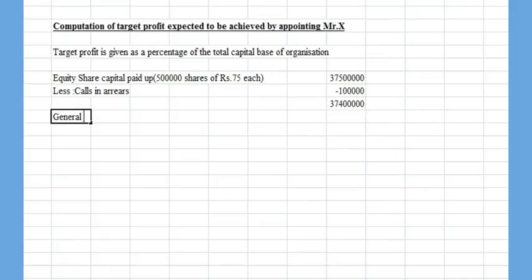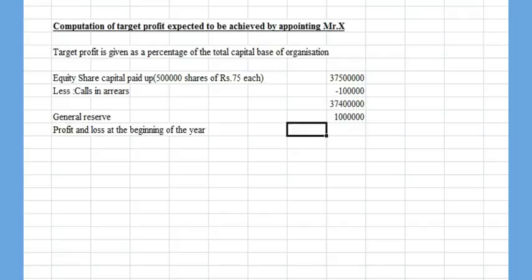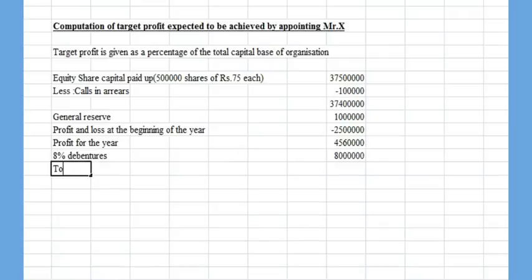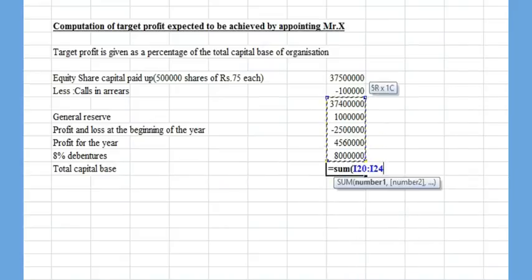Next add general reserve 10 lakhs, P&L cumulative loss till last year 25 lakhs, profit for the year 45 lakhs 60,000, 8% debentures 80 lakh. The total capital base is 4 crore 84 lakh 60,000.